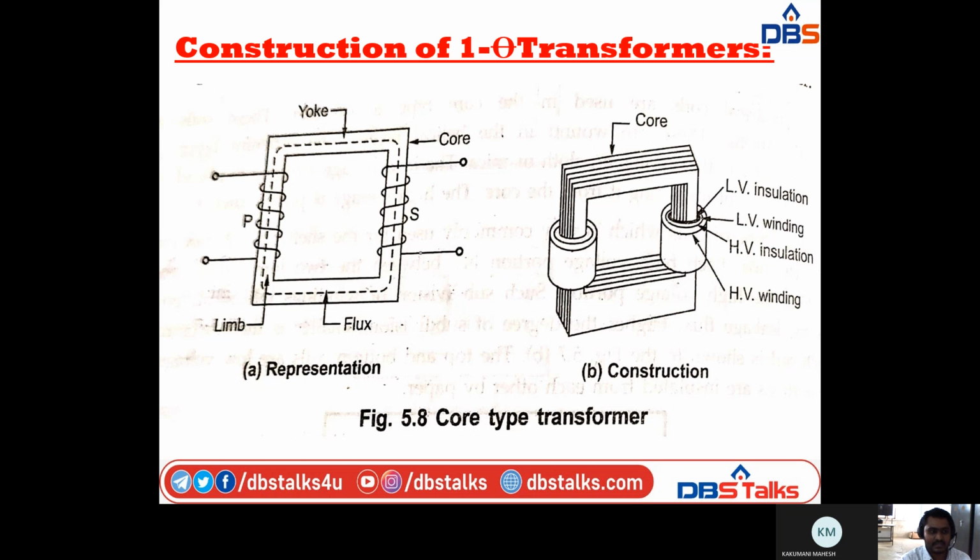Coming to the construction of the core type transformer, if you observe, we have LV and HV windings, LV and HV insulation, one core and two windings. The windings enclose the core of the transformer. This is the construction and representation of the core type transformer.